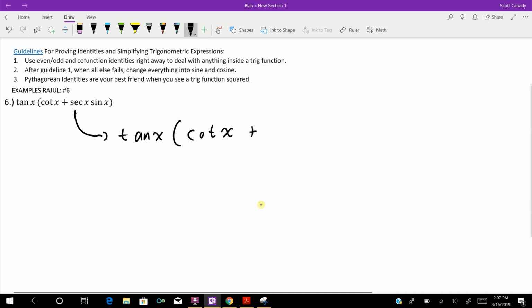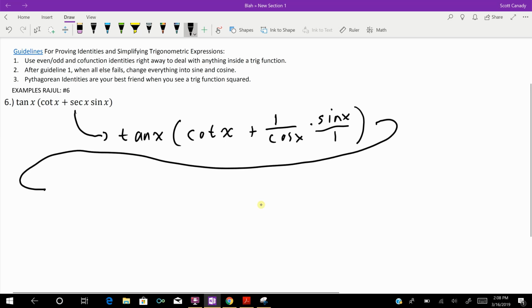And then this secant of x becomes 1 over cosine of x. And sine of x is sine of x over 1. Now we can see that this becomes sine of x over cosine of x. I'm going to show that to you right here in this next step. So that becomes tangent of x times cotangent of x plus sine of x over cosine of x.